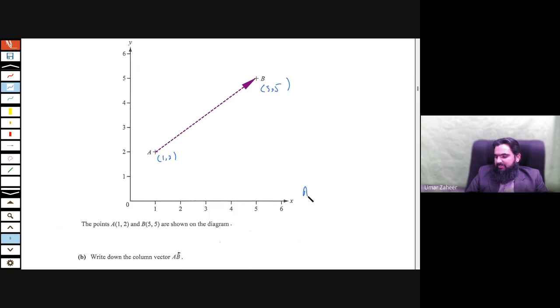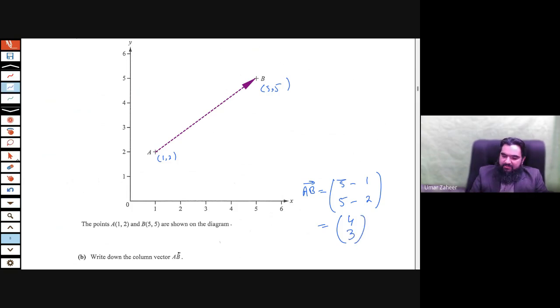If you want to find vector AB, that will be equal to the y values, the x values, B values minus A values, 5 and 5 minus 1 and 2. So you will get the vector 4 and 3. Or if you want to find it directly from the graph, you can.